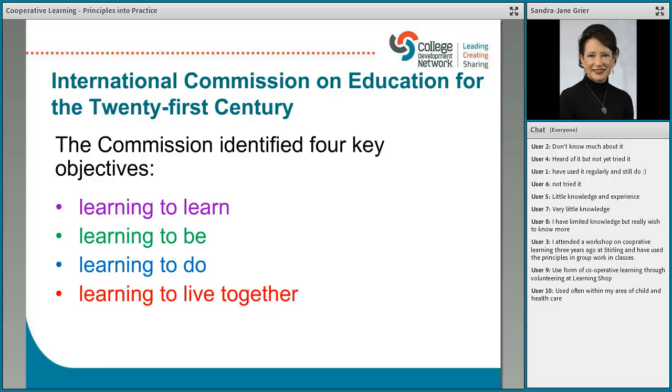They identified 4 key objectives or pillars of education within the document, and it's a document you should still be able to access on the web for those who are interested in finding out a bit more. And these 4 pillars of education parallel the Scottish Government ambitions for a Scotland that embraces diversity and is aligned with the underlying principles of Scottish education as we know it today through initiatives such as Curriculum for Excellence.